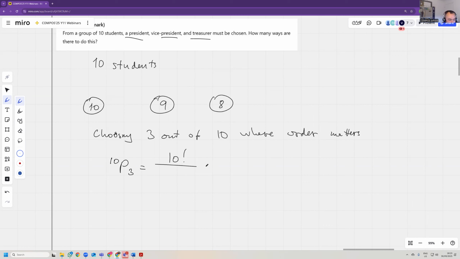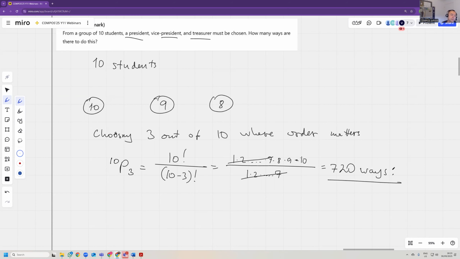So that's 10 factorial divided by (10 minus 3) factorial, which is 1 times 2 times etc. times 7 times 8 times 9 times 10 divided by 1 times 2 times etc. to 7. So everything up to 7 cancels out. We get 8 times 9 is 72, times 10, 720 ways to choose. Perfect.